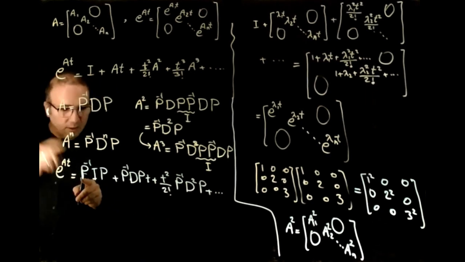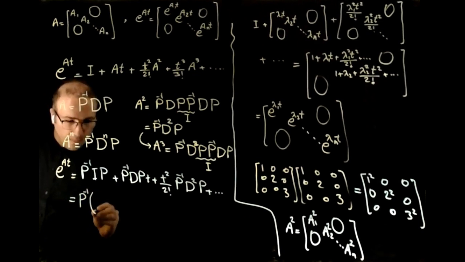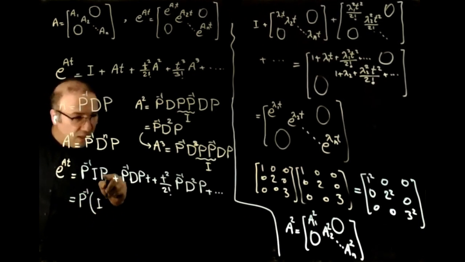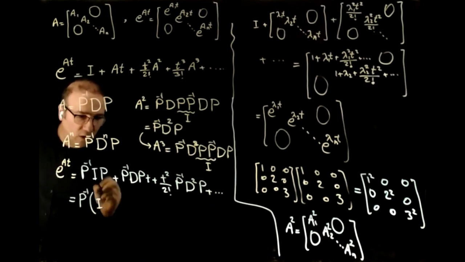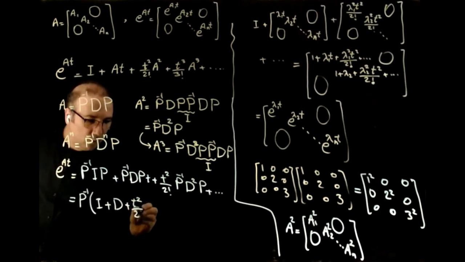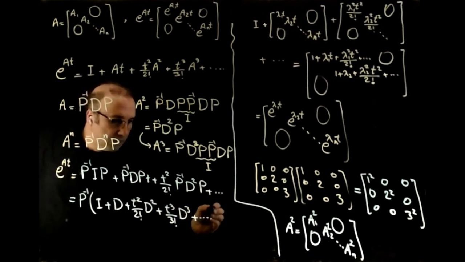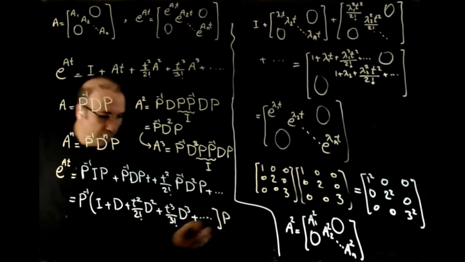I can factor out P inverse from the left and P from the right. So inside it would be I plus D t plus t squared over 2 factorial D to the power of 2 plus t cubed over 3 factorial D to the power of 3 plus all the other terms, and I factored out P from that side.